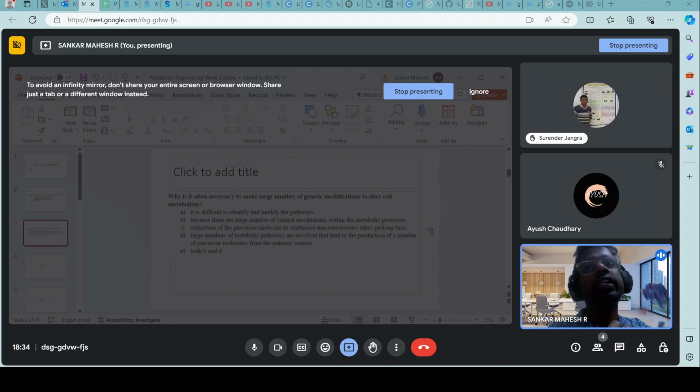What they say is it is difficult to identify and modify pathways. And the question is, why is it often necessary to make a large number of genetic modifications to alter the cell? Like you had mentioned earlier, currently we have enough resources to be able to talk about pathways. I can give you one example. If you have the genome of an organism, from the genome itself you can create a computational model of the organism called a genome scale model.